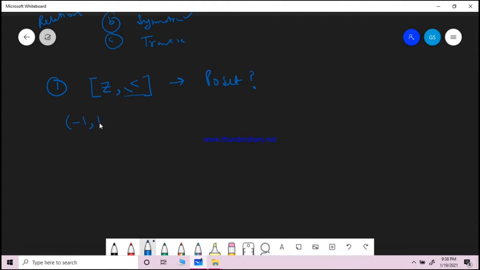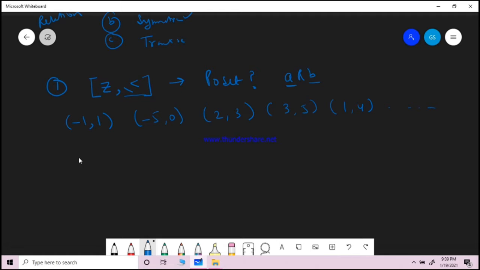So -1 and 1, this could be one element, as A is related to B means A is less than B. In the same way, I'm just creating some values. So A related to B, so A should be less than B. So like this you can create a few more, choosing any numbers randomly.